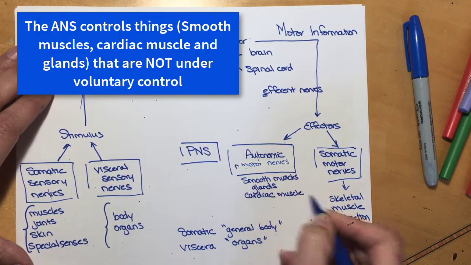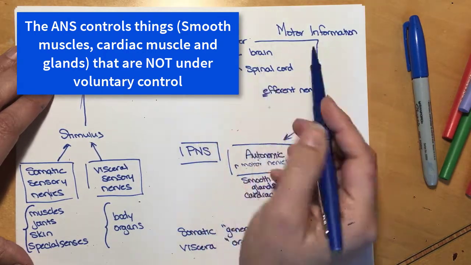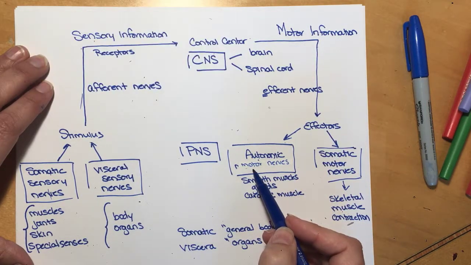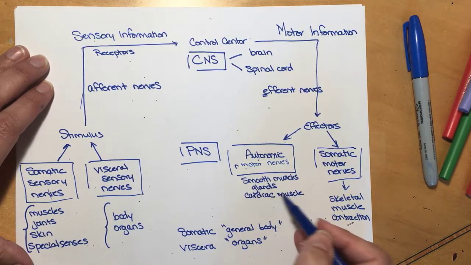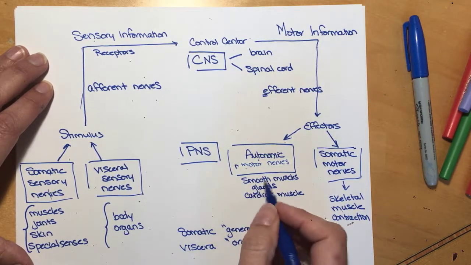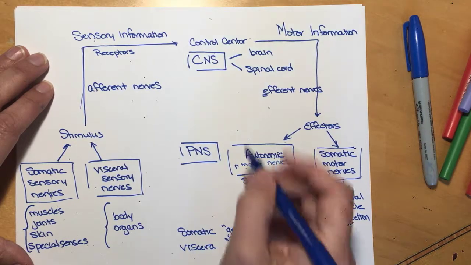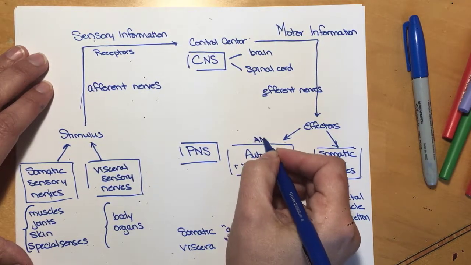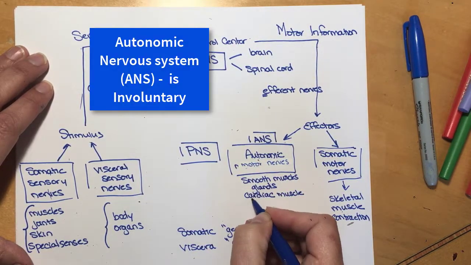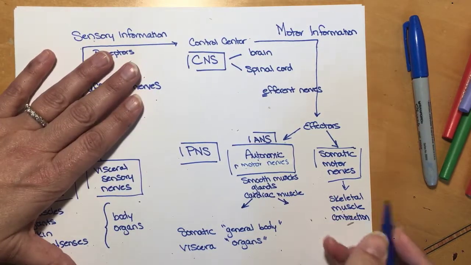So if you want your heart to beat faster, the central nervous system is going to send out motor information to the autonomic nervous system, and it will do something to your cardiac muscle. It will cause it to speed up. Now, the autonomic motor nerves, or the autonomic nervous system, I like to call it the ANS, can either upregulate or downregulate your reactions.